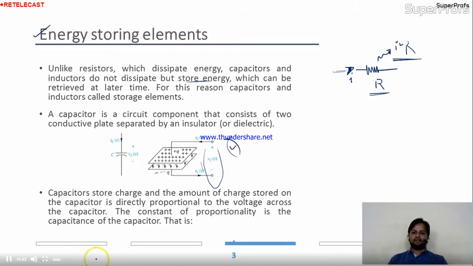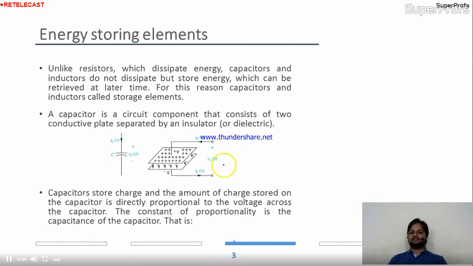Now, the constant of the proportionality is the capacitance of the capacitor. We have seen in the first unit, we have discussed a little bit about the capacitor. The capacitor C, see, this is the capacitance. Capacitance is nothing but the ability of these two plates to store the charges.